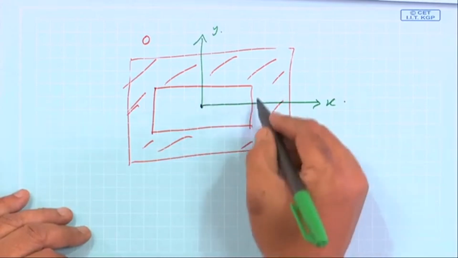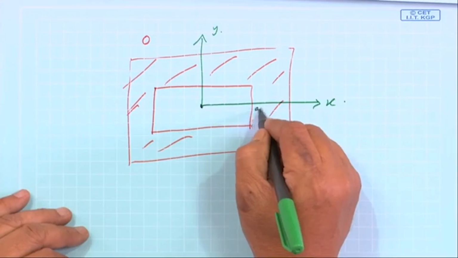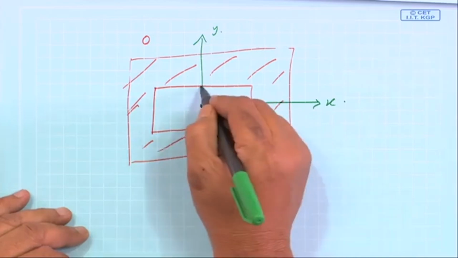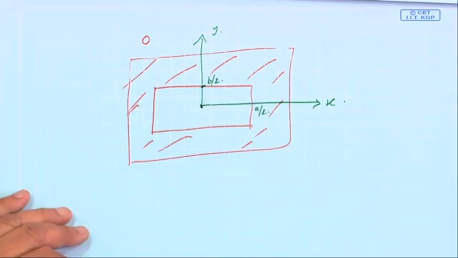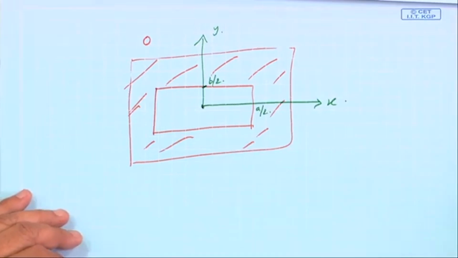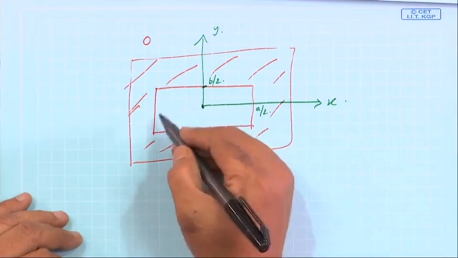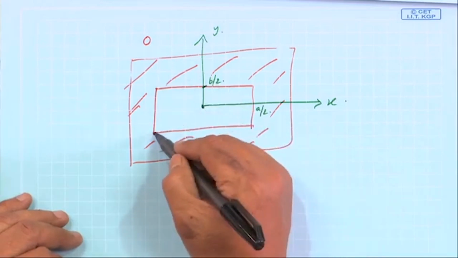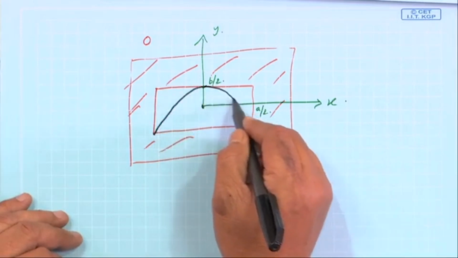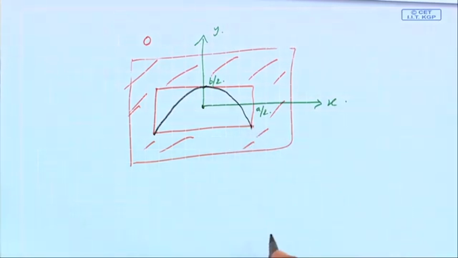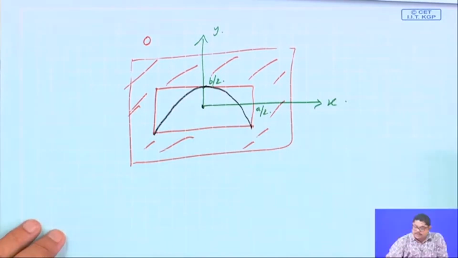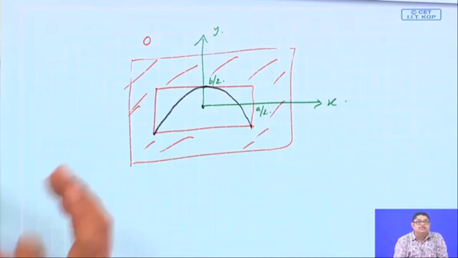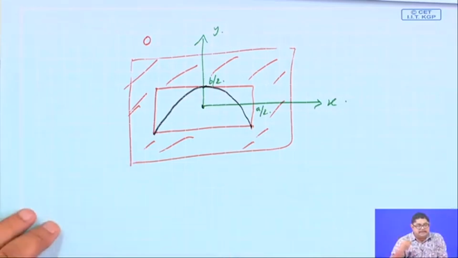Now, this dimension is as before a by 2, this one is b by 2, and here the field will be something like this, a cosine variation. So, this is a TE10 mode excitation inside the waveguide.